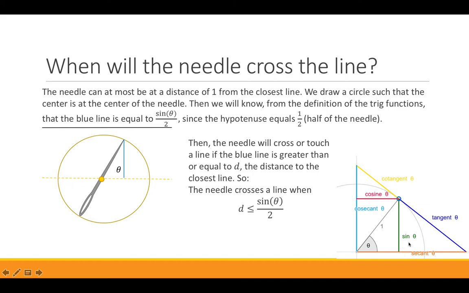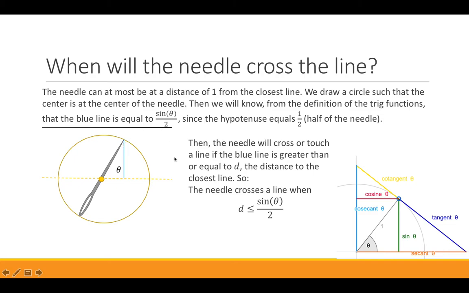This one is just sine of theta, because the hypotenuse here equals 1. And here the hypotenuse equals 1/2, so it's sine of theta over 2.